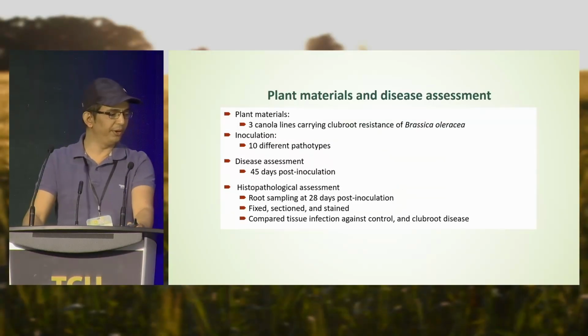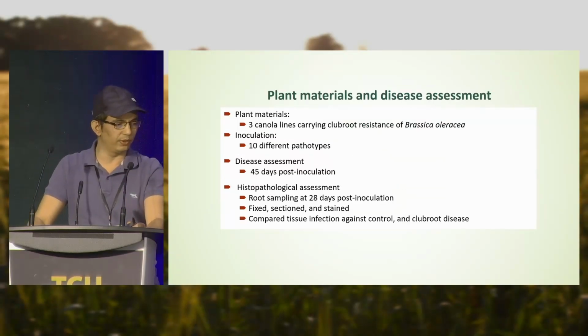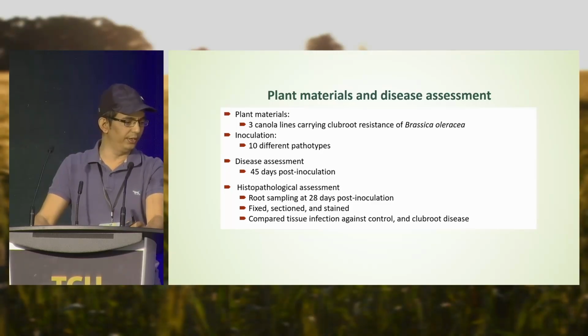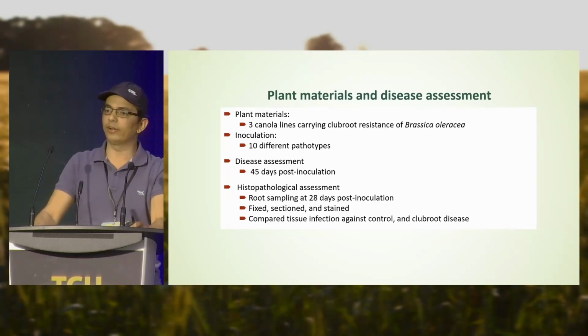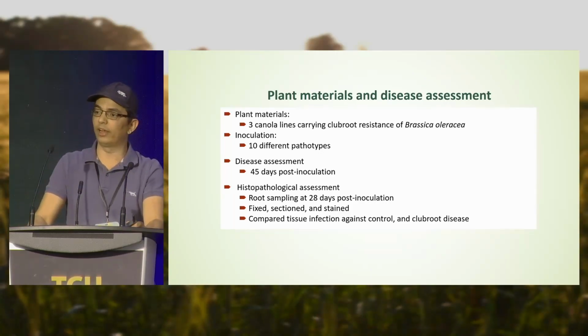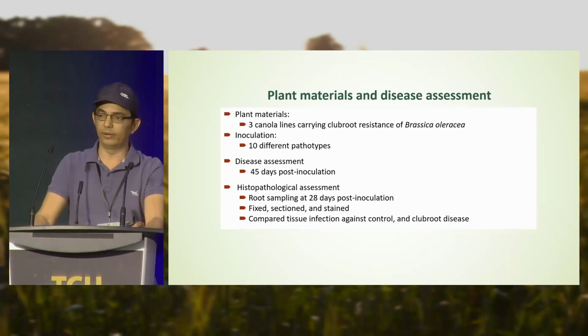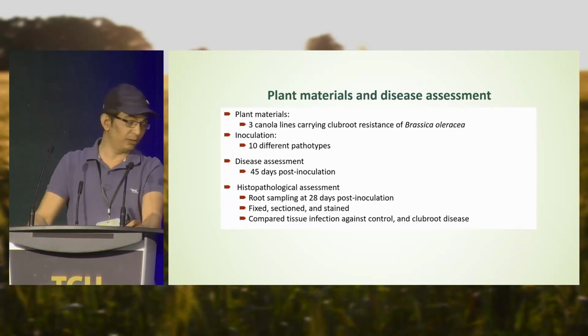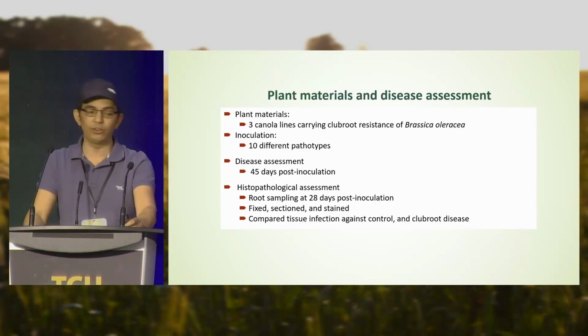Our plant materials consist of 3 canola lines carrying clubroot resistance from Brassica oleracea. We inoculated these 3 canola lines with 10 different pathotypes of clubroot, and we did disease assessment at 45 days post-inoculation.